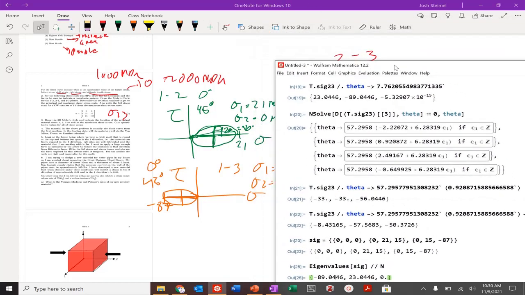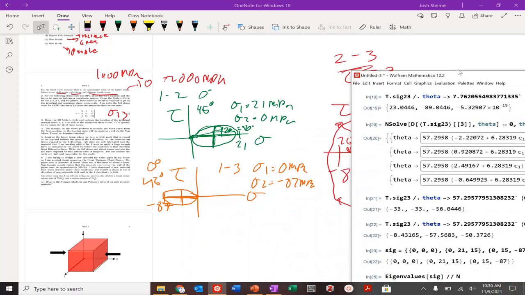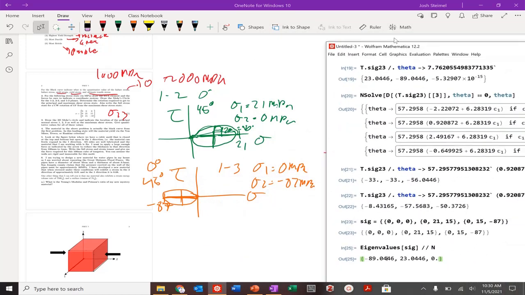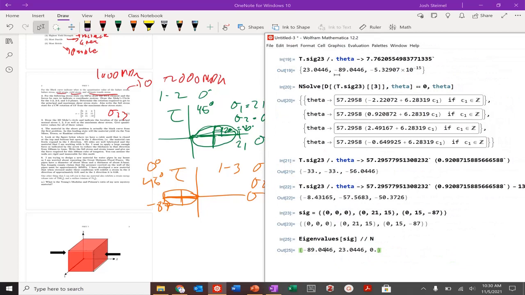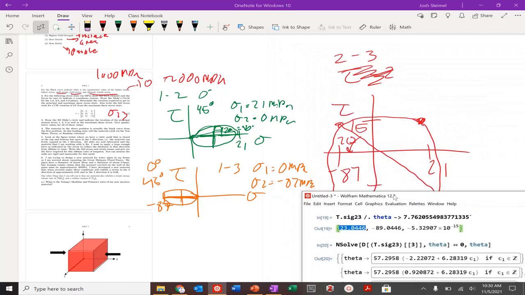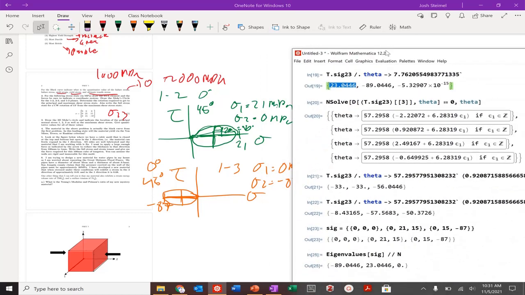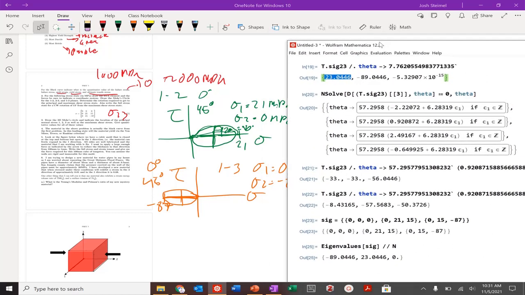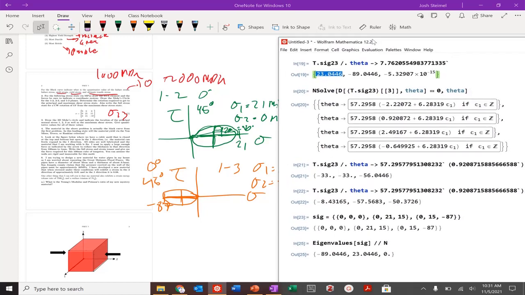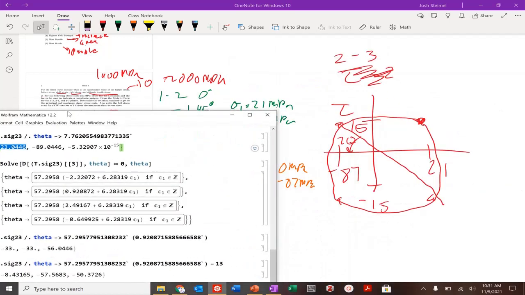So looking at these values, sigma 1. So what's the largest sigma 1 value we have? And then again, remembering this one here too. So 23 is the largest sigma 1 value. What's the next largest value?